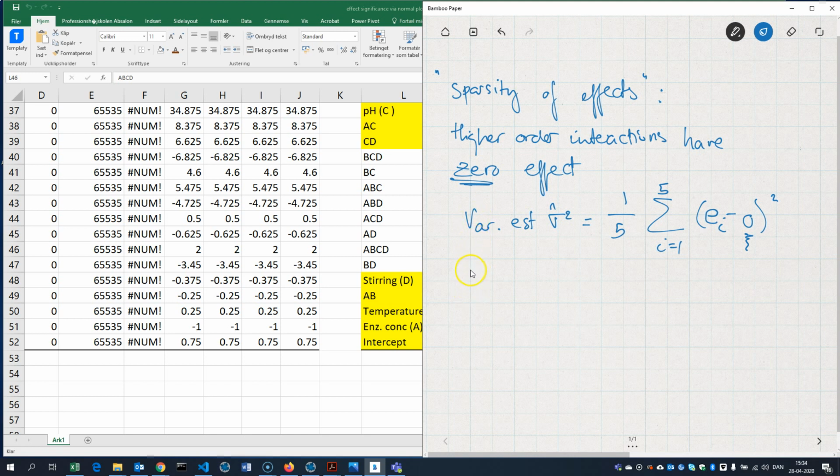So once I have that variance, I can use that to find the standard error, or the standard deviation if you like, which is the square root of the variance. And that's the one that Excel couldn't compute over here.